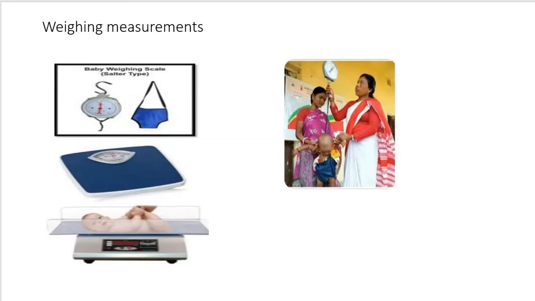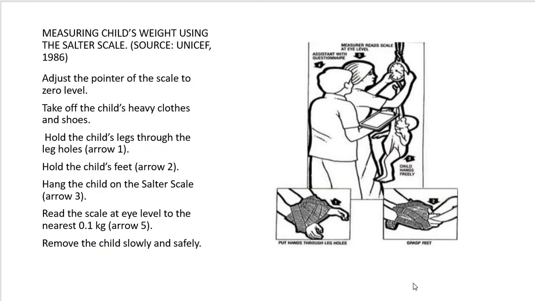In the next slide, you can see the pictures. See here, this is a Salter type of weighing machine. Here, two ladies are weighing the baby with a Salter type of machine, a beam balance, and the electronic type of weighing machine. And how the baby is weighed.